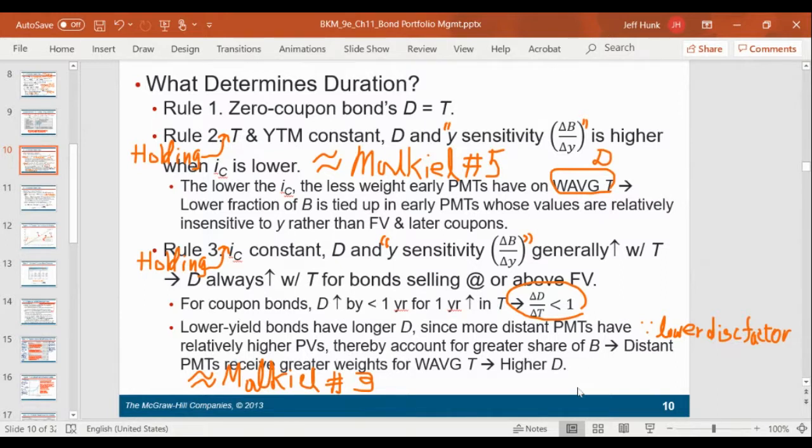So distant future coupon payments are discounted less, so they have more impact on the present value of the bond.